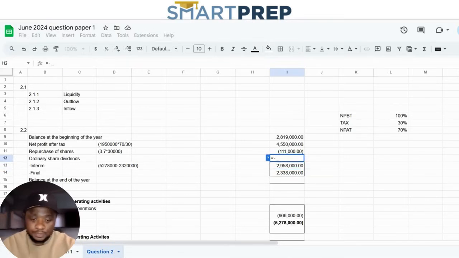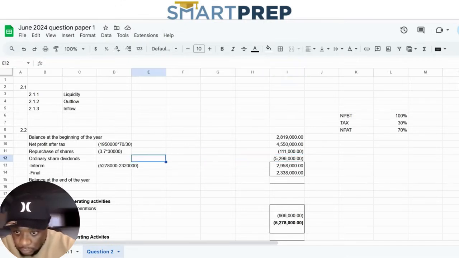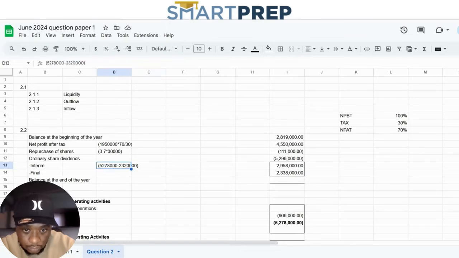And so our total for ordinary share dividends in the current year will be the addition of those, and that gives us 5,296,000, and we just need to make sure that it is negative.